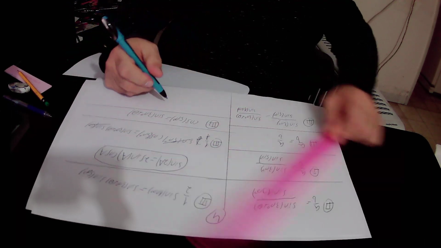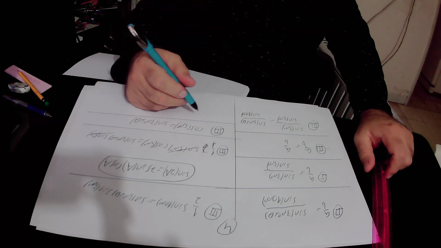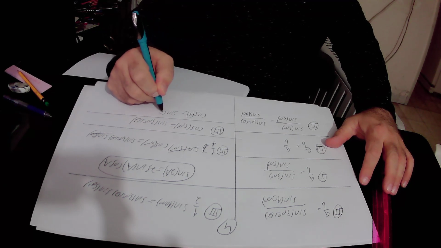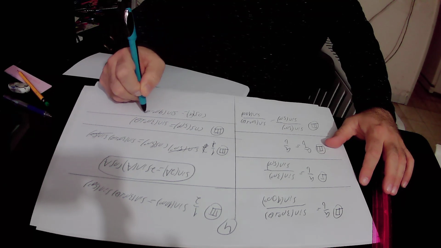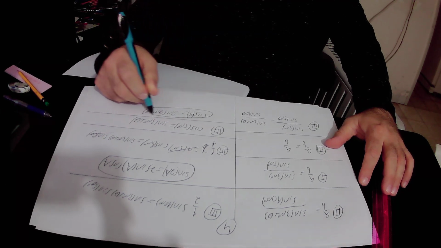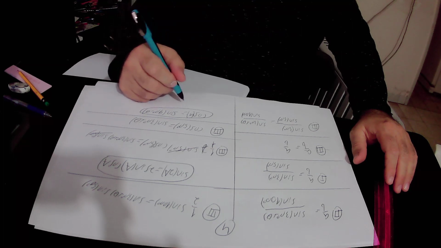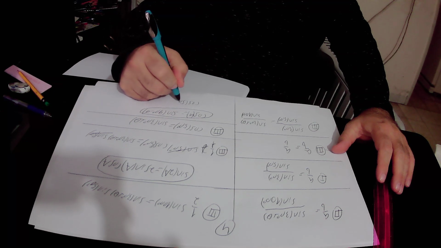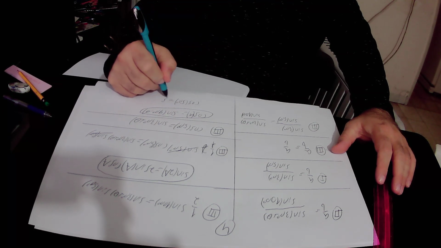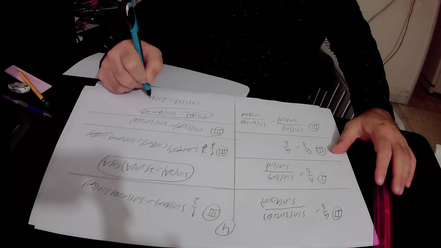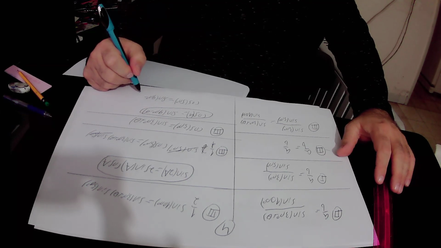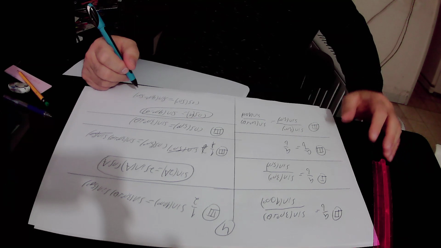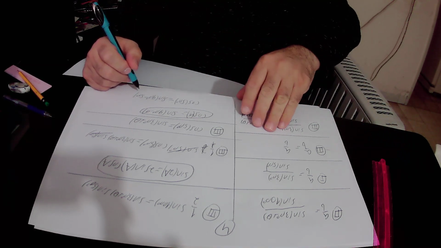Here we will use the trigonometric identity that states that cosine alpha equals sine 90 degrees minus alpha. We use this trigonometric identity for cosine 50 degrees, because cosine 50 degrees, according to this identity, will be equal to sine 90 degrees minus alpha, where alpha is 50 degrees, so it is sine 90 degrees minus 50 degrees, and 90 degrees minus 50 degrees is 40 degrees.